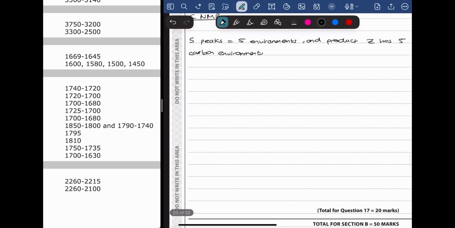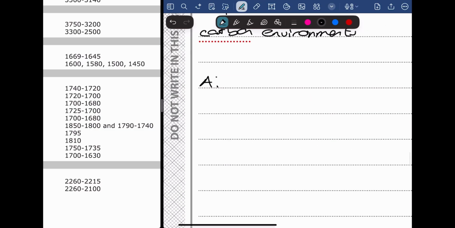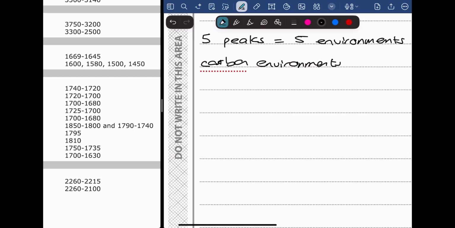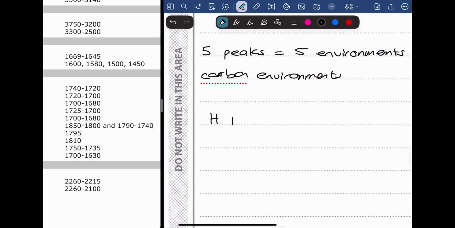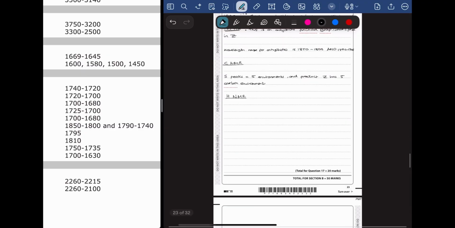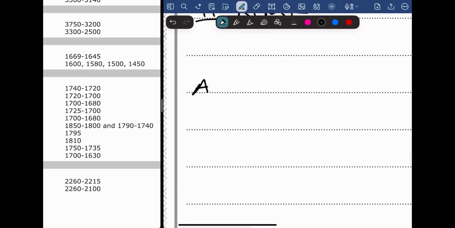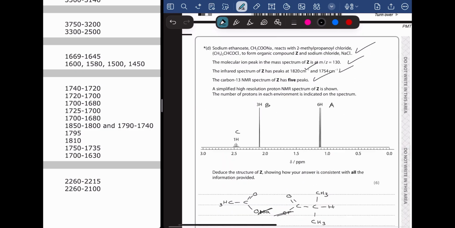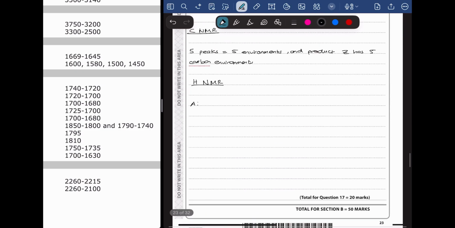So we're going to start off with A. And the fact that we've already drawn out the molecule really helps. So actually, before I do that, I'm just going to make another quick subheading with HNMR. Okay, so let's start off with A. In terms of our splitting, we've got a doublet.